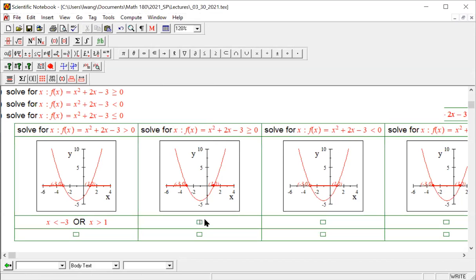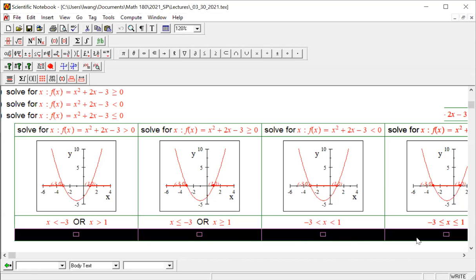How about the second one? It would be the same thing, but instead of less than or greater than, it'd be less than or equal to, and greater than or equal to. That's correct. How about the third one? Less than 0, that'll be -3 less than x less than 1. And over here it's -3 less than or equal to x less than or equal to 1. And we don't need that row.